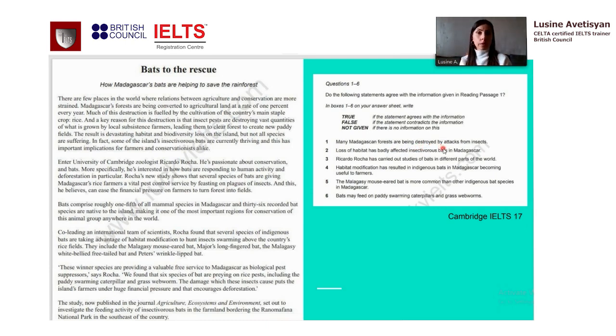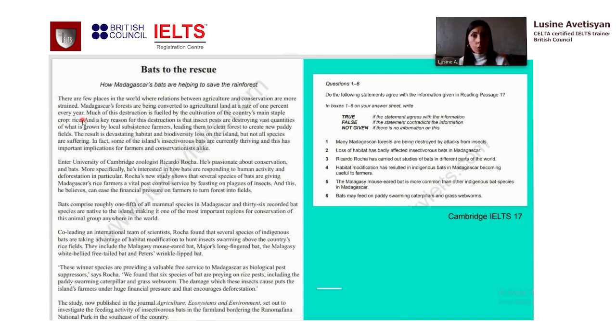This is how you need to work with the question to understand it thoroughly, to know what you're going to check and how many parts of the question you're going to check. So now let's locate this part in the text. Okay, some keywords like Madagascan forests. Let's see what it says. Madagascan forests are being converted to agricultural land at a rate of 1% every year.